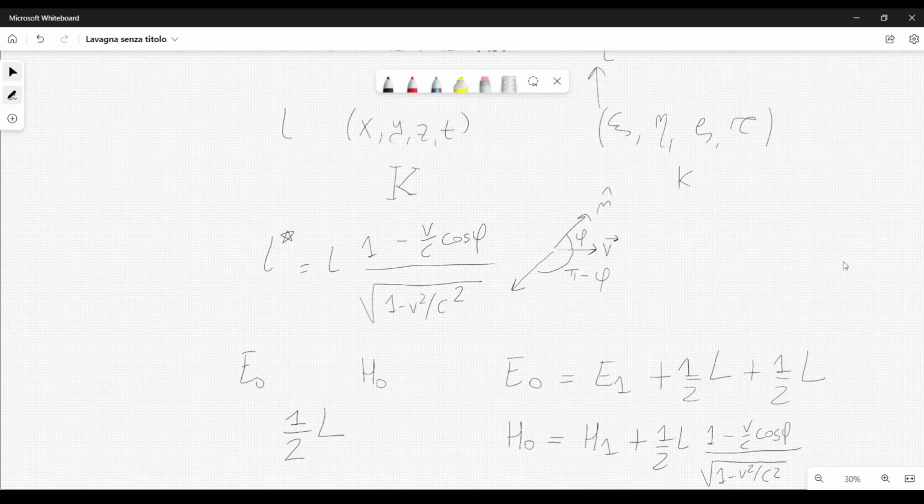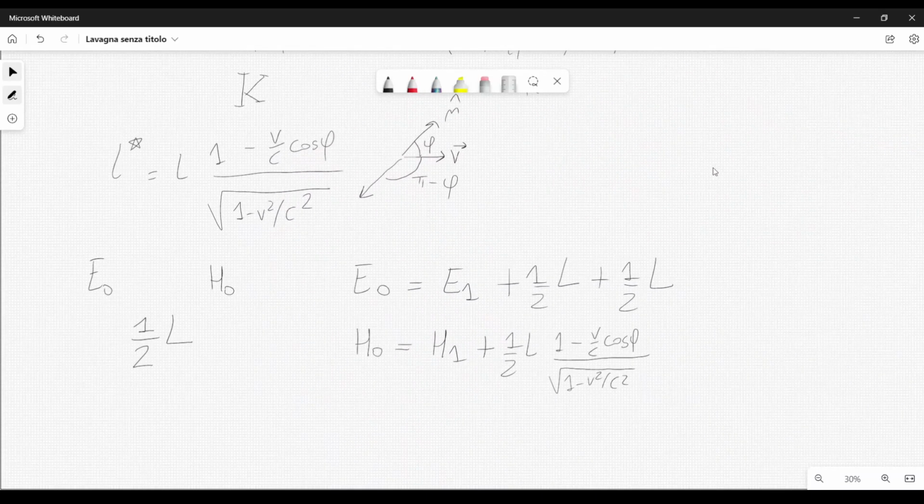But we also have this second light ray, which is emitted in this direction, so we have plus 1/2 L times 1 plus V over C cosine phi, because the cosine of pi minus phi is minus cosine phi, divided by the square root of 1 minus V squared over C squared.